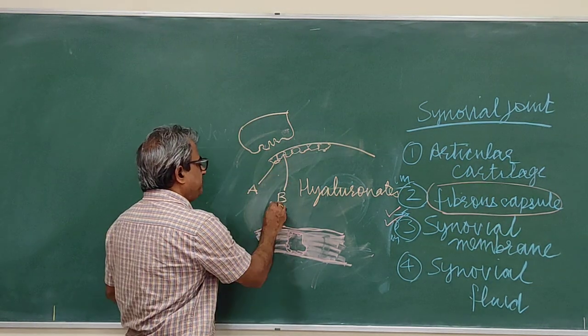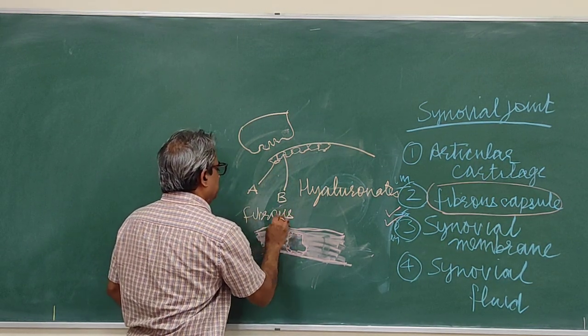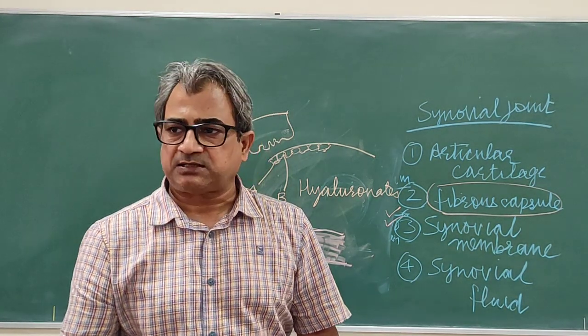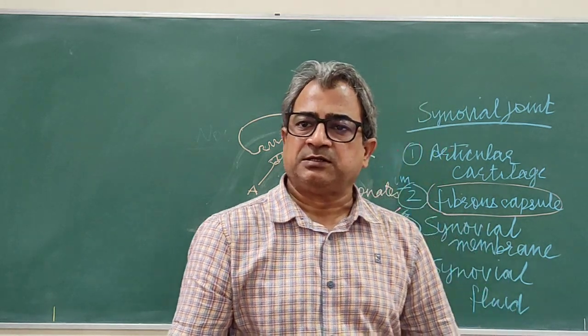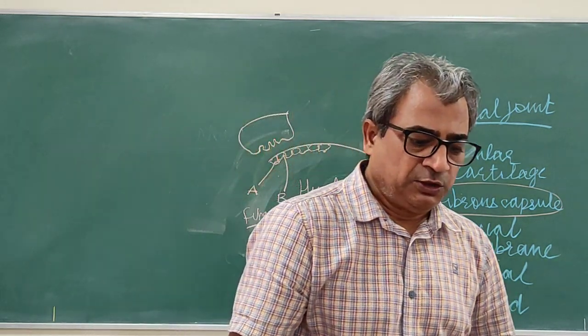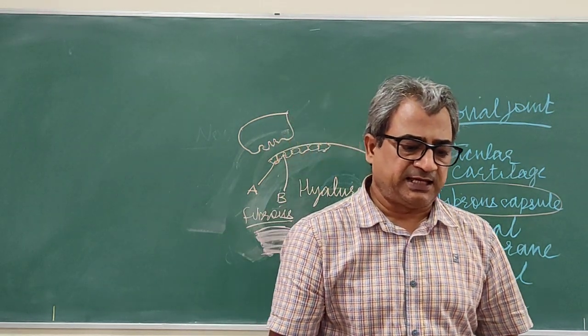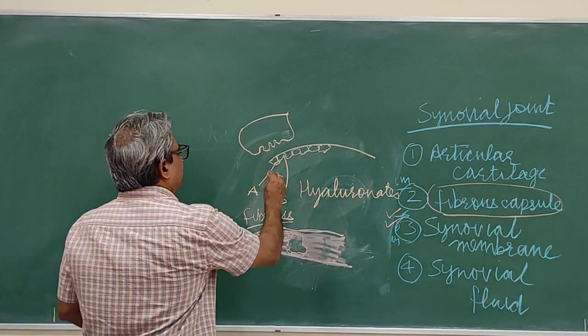The other cells, type B cells, are fibrous in nature. Their internal structure is like a fibroblast, and they form fibers. So these two important kinds of cells are seen over the surface.